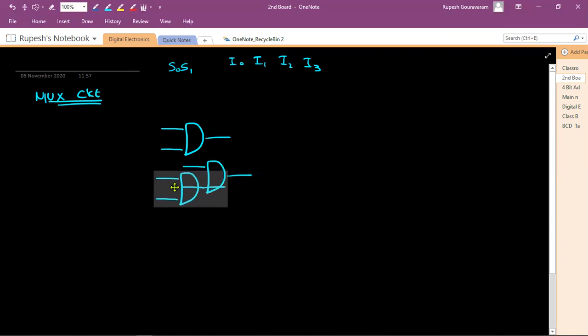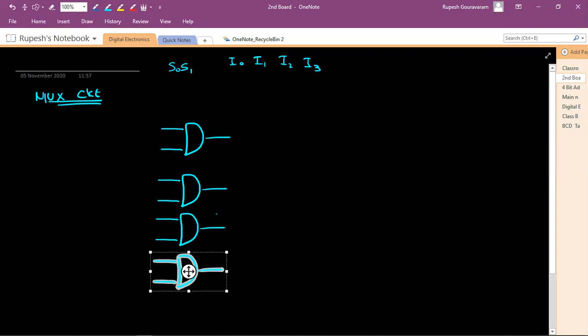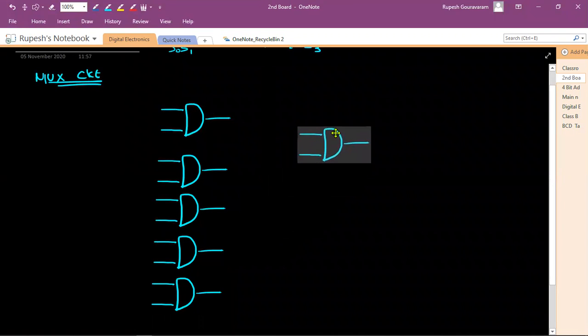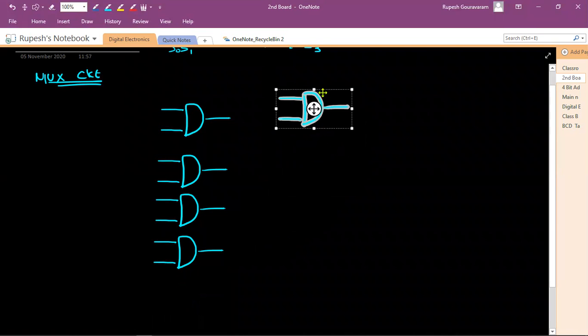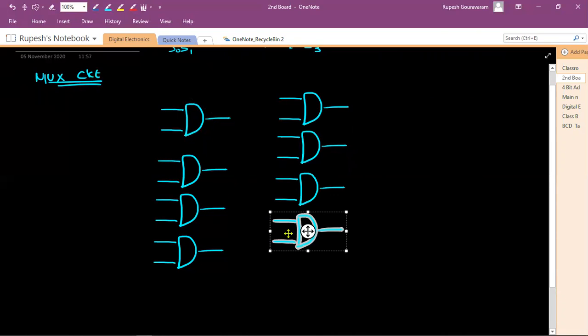Let me arrange the AND gates one below the other. Okay, these are the required AND gates for us. There are four AND gates.